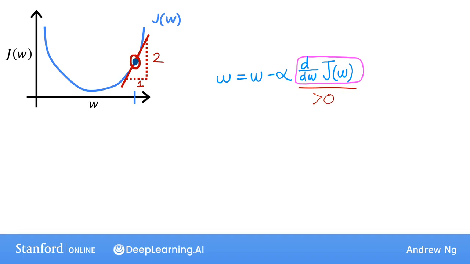And so the updated w is going to be w minus the learning rate times some positive number. The learning rate is always a positive number. So if you take w minus a positive number, you end up with a new value for w that is smaller. So on the graph, you are moving to the left. You're decreasing the value of w.